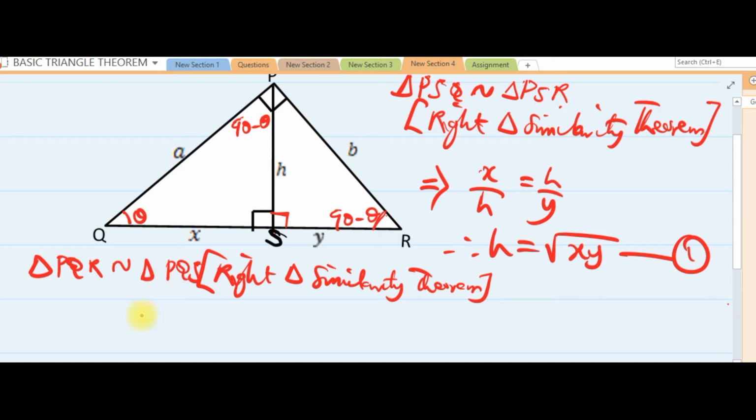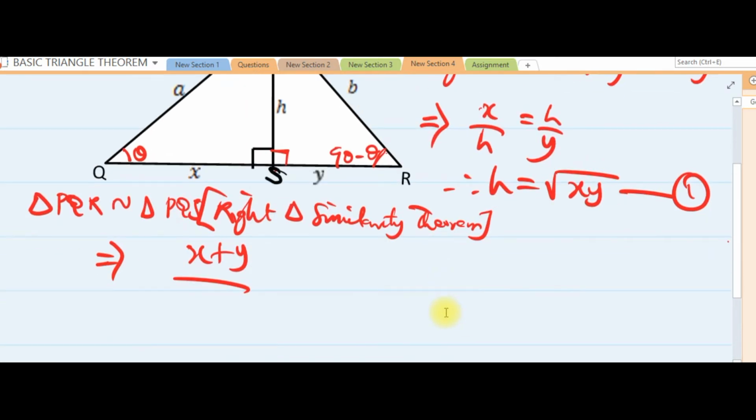So which implies that the ratio of the corresponding side. So look at the bigger triangle. The hypotenuse is x plus y. So I'm saying that x plus y corresponds to, what was the hypotenuse of this? A.